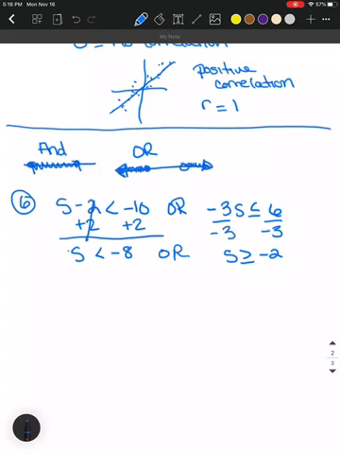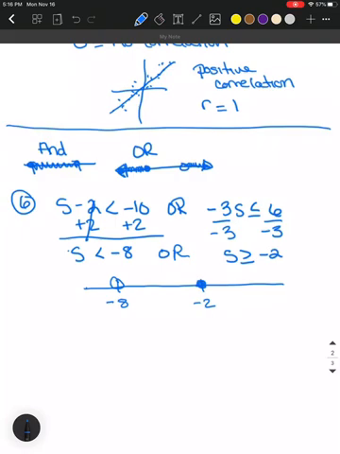So what we're going to do now is just graph our number line. So I have -8 and I have -2. At -8, I have an open circle. At -2, I have a closed circle.